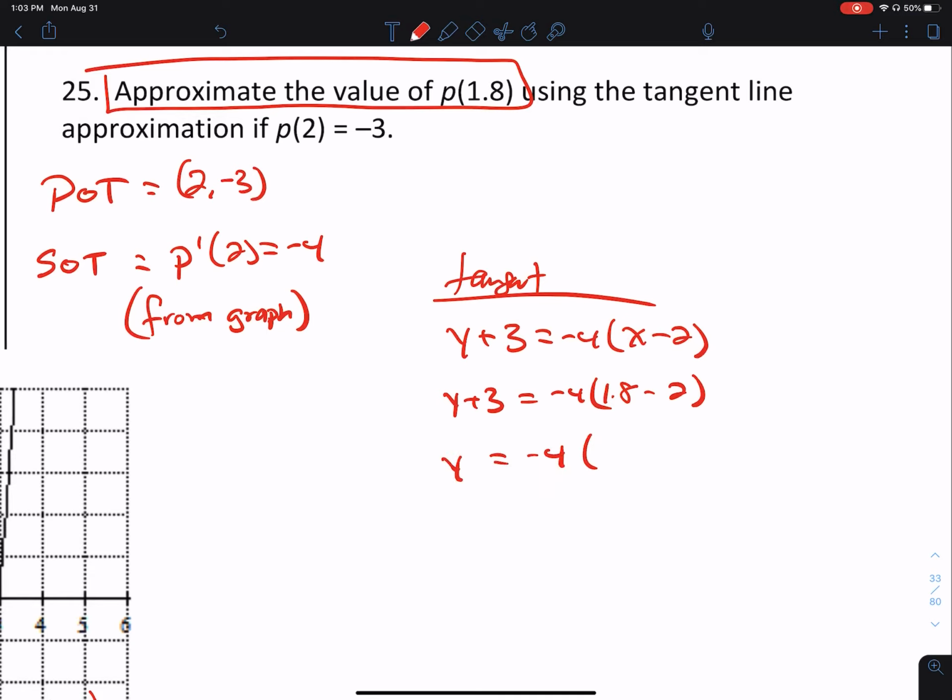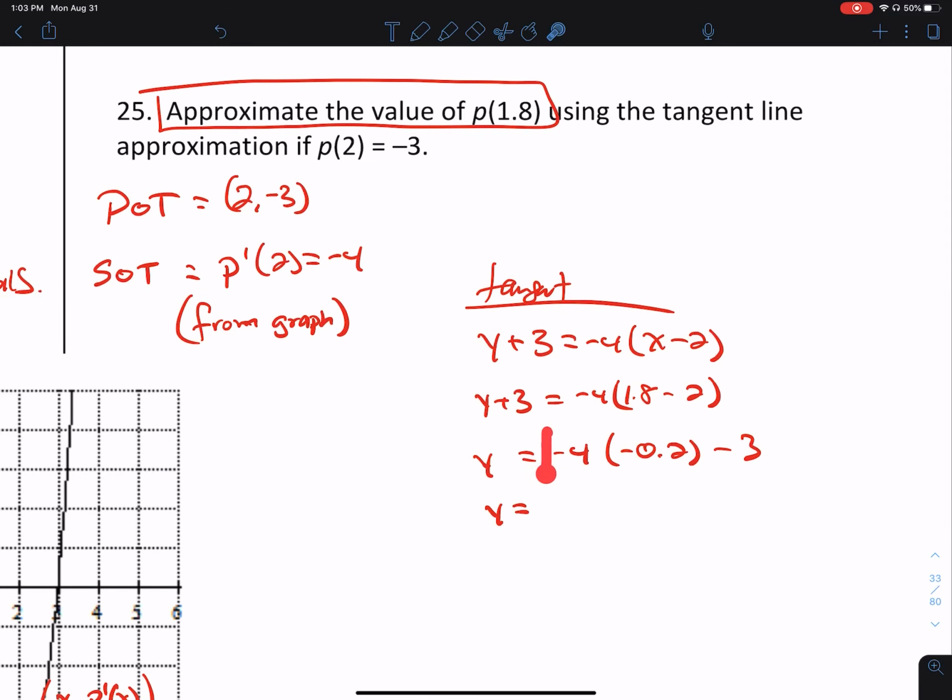Going to subtract 3 from both sides and subtract 2 from 1.8. Now, if you wanted to stop right here and say, this is my approximation, you're allowed to do that. If it's multiple choice, probably not going to work out well, but if it's a free response question, you could stop and say, this is the approximation. This calculation is relatively simple, so we'll continue.